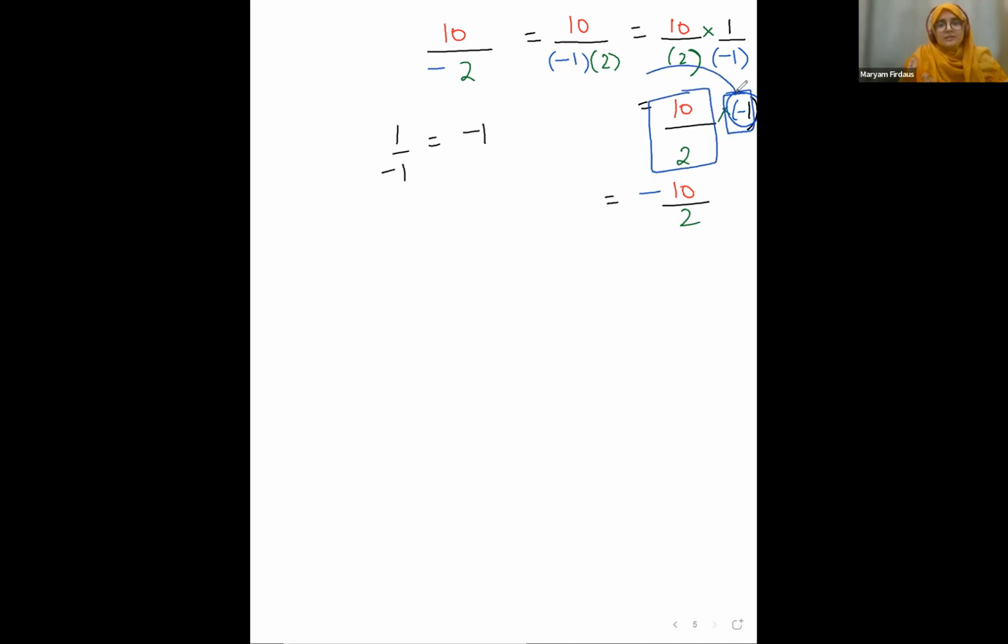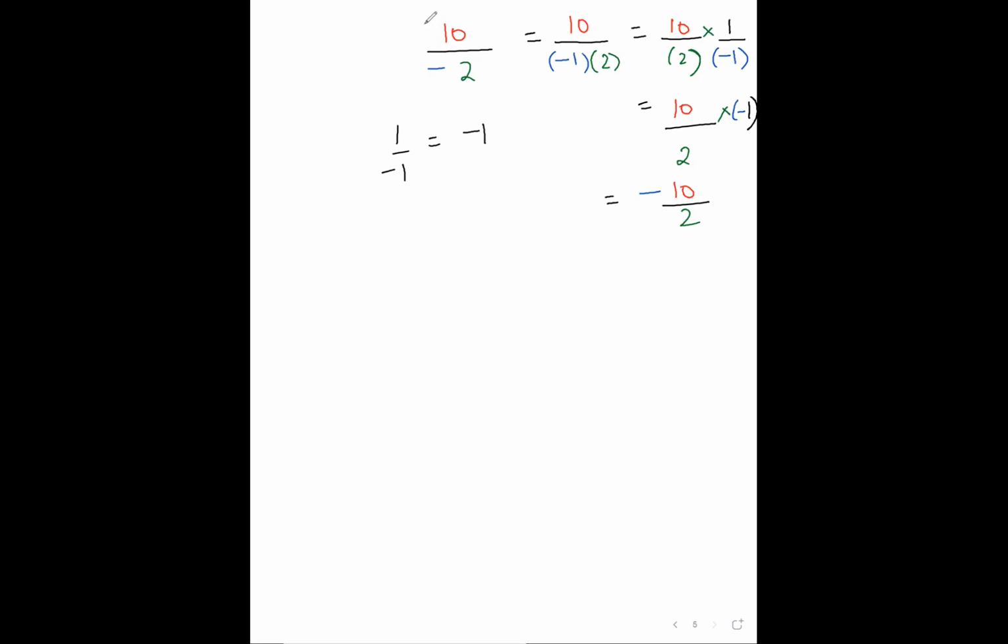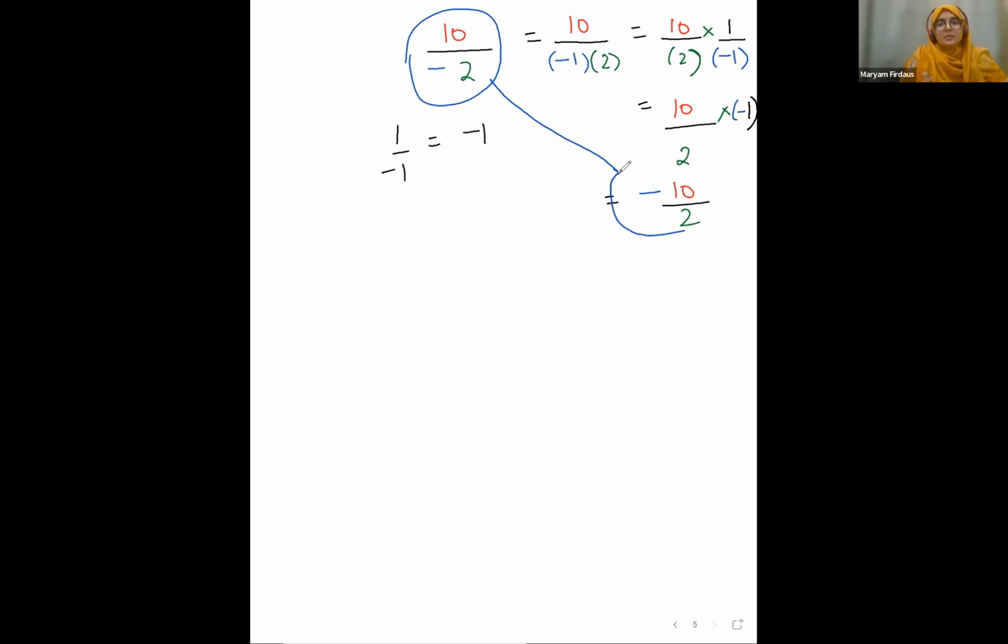This negative sign came in front, so it's basically just rearranging them. So that is how the whole process happened. That's how we got both of them as equal. Are you getting it? Yeah.